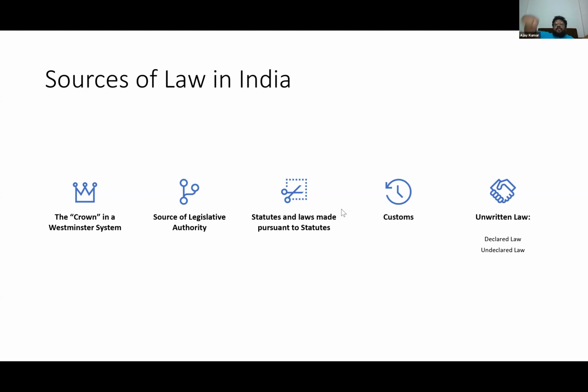There is no more a crown in India. The role of the crown has been replaced by the constitution. Though in popular civics, you would have been largely led to understand that the president of India performs the role of the monarch in India, the same way Elizabeth performs the role of the monarch in England, right? Elizabeth the Second.